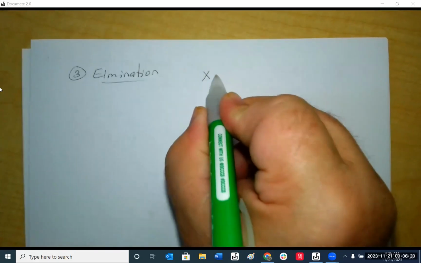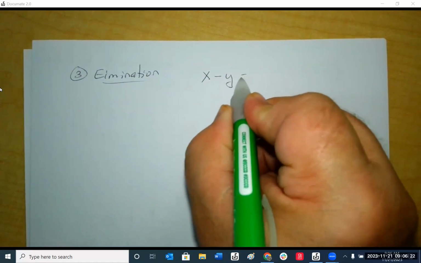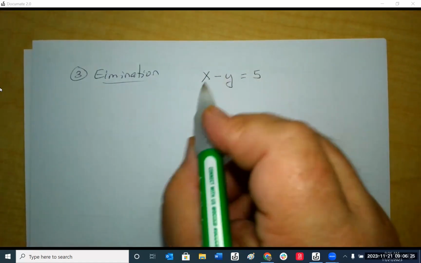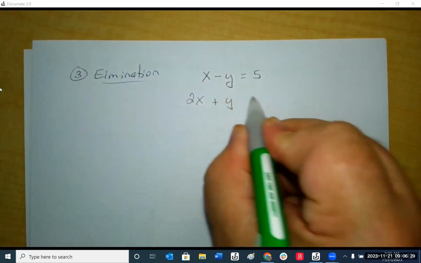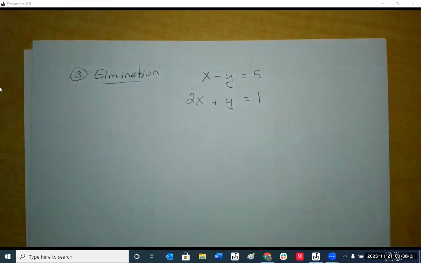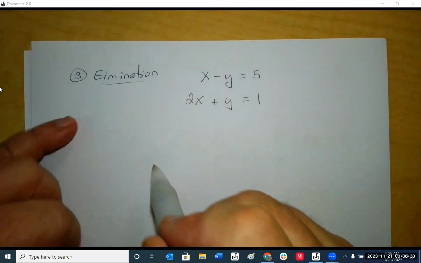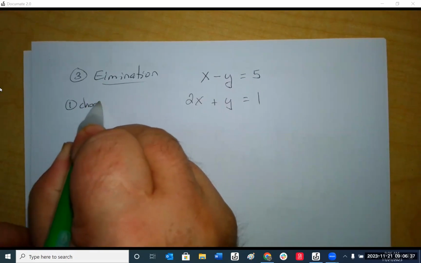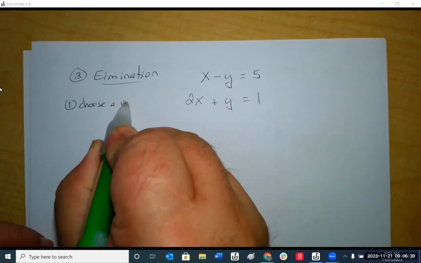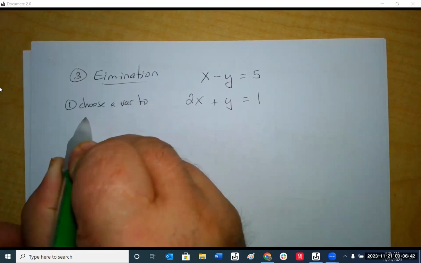We have x minus y equals 5, 2x plus y equals 1. Remember, in elimination, we have to choose a variable to eliminate.